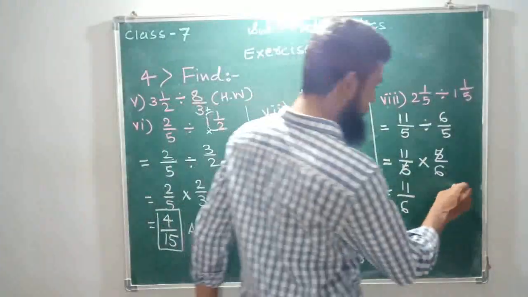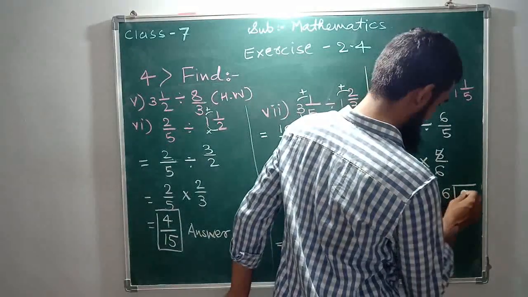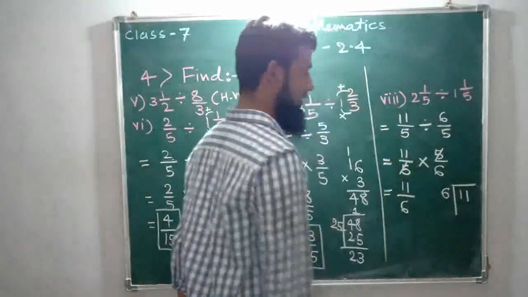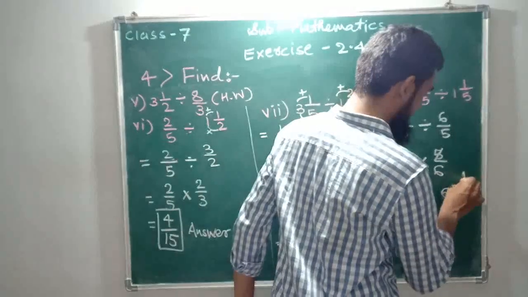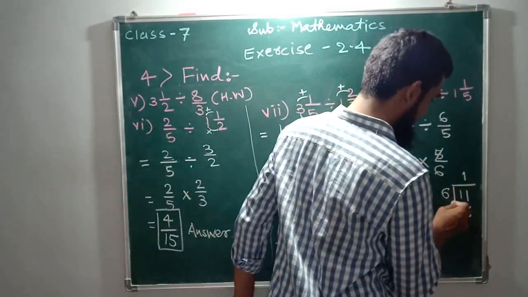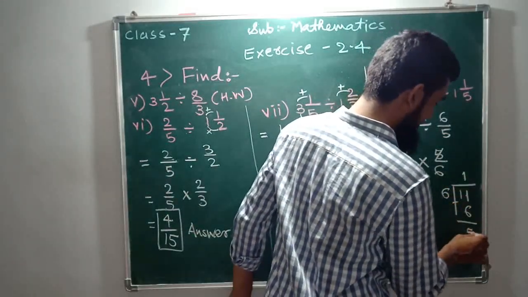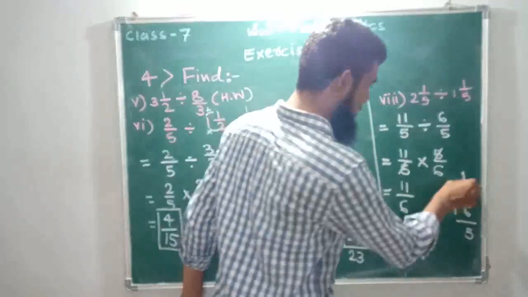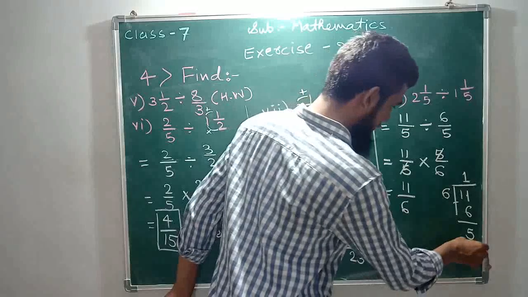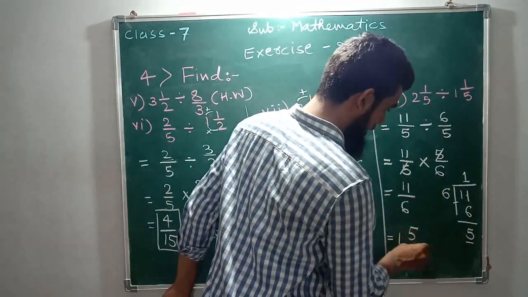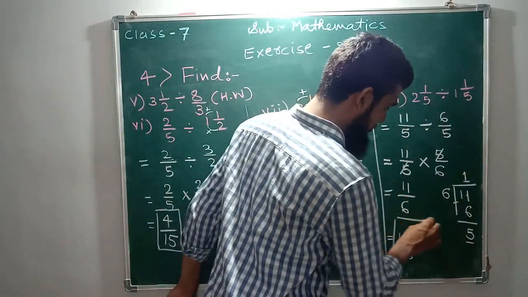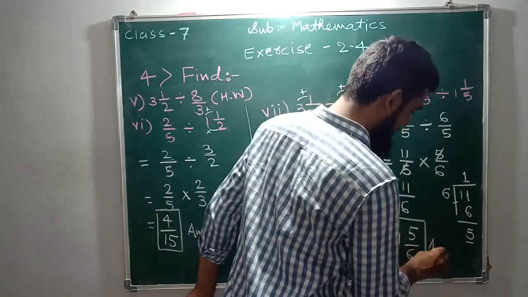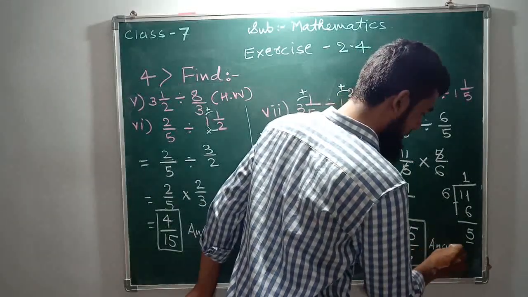So what we have to do? 11 divided by 6. So 6 1 ja 6. 11 minus 6 is equal to 5. Okay. So what is answer? 1 integer 5 upon 6. So my dear students, this is your answer.